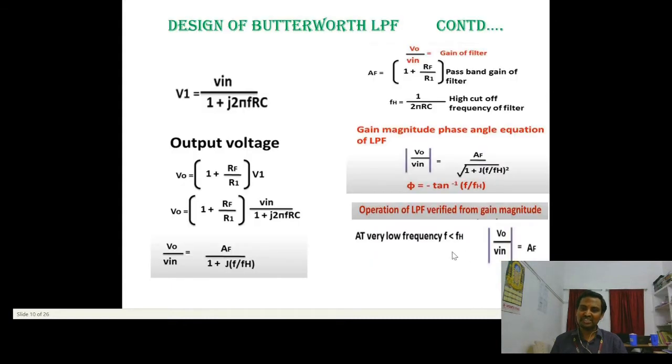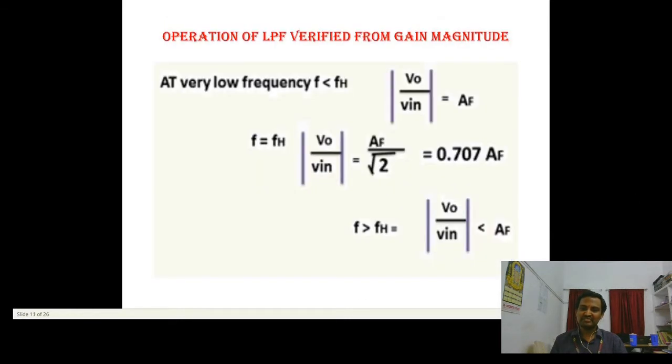If you see the above equation, here F is very much less than the higher cutoff frequency. At that time, V0 by Vin becomes AF, since the denominator term becomes 1.